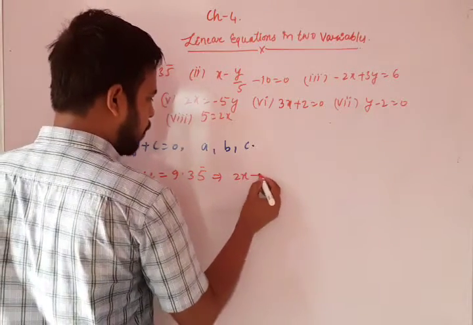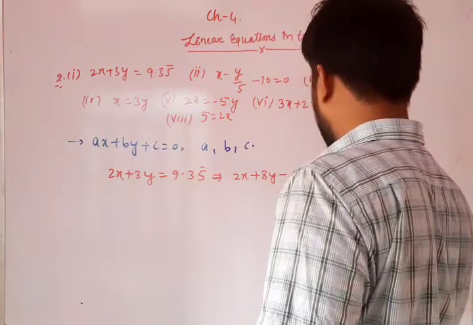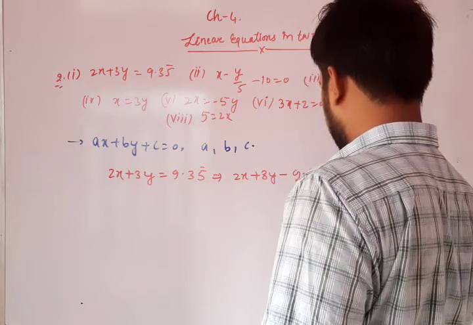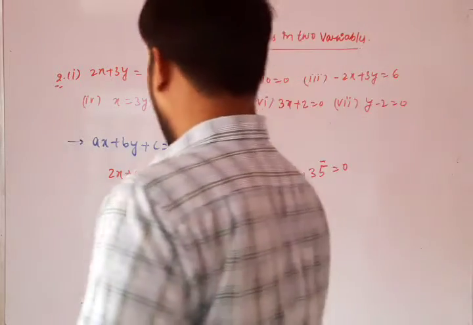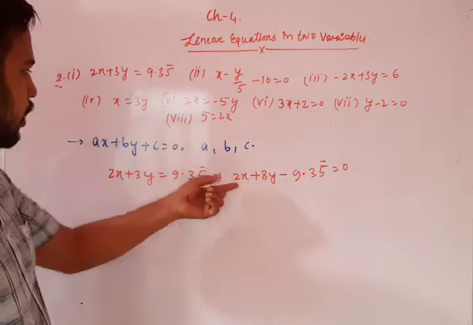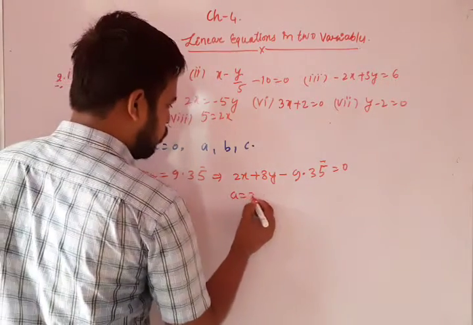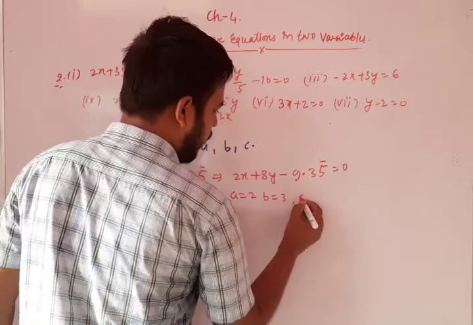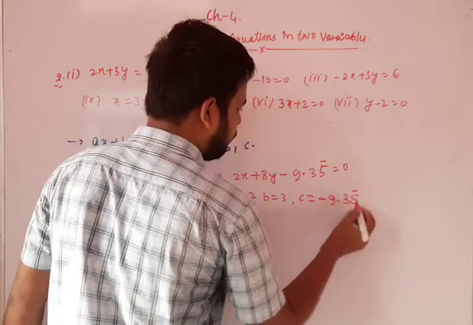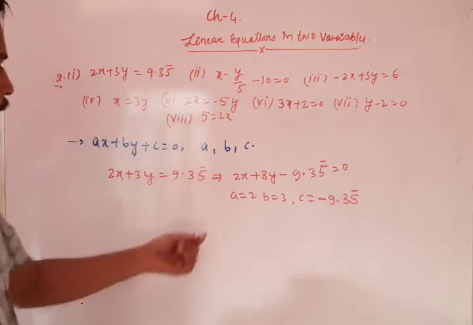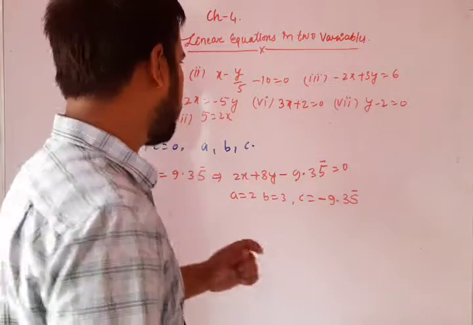So 2x plus 3y minus 9.35 bar equals 0. Now compare this equation with the standard form. You will get a equals 2, b equals 3 and c equals minus 9.35 bar. The value of a will be 2, b equals 3 and c equals minus 9.35 bar.